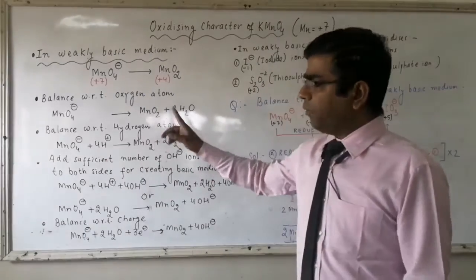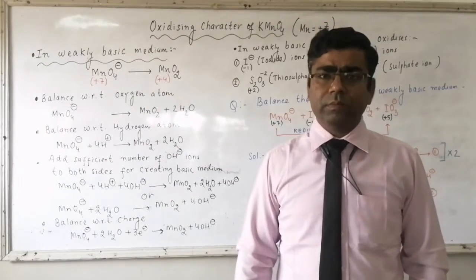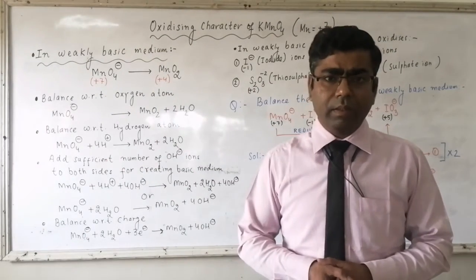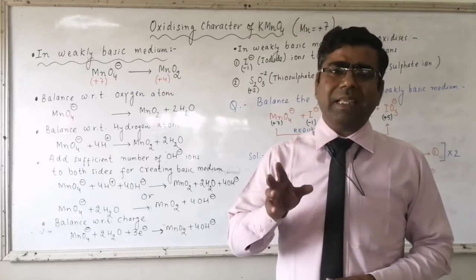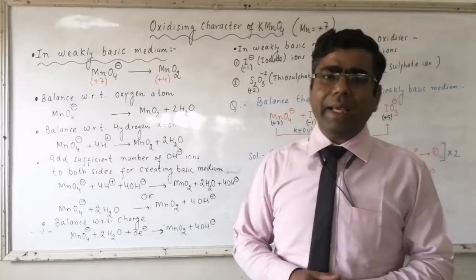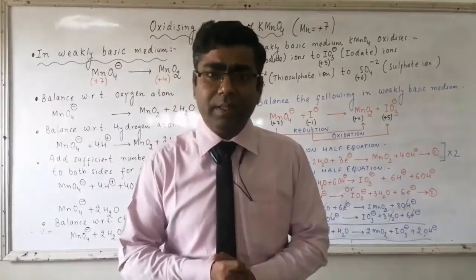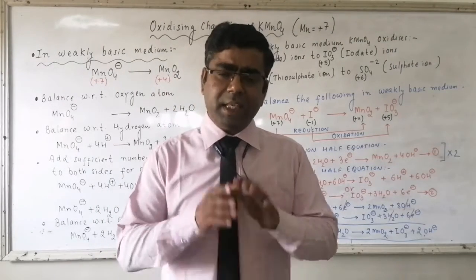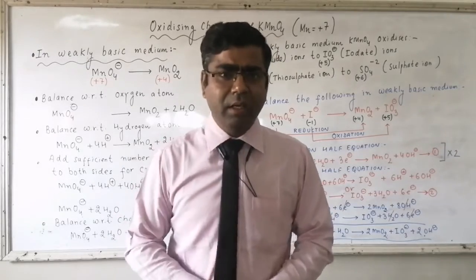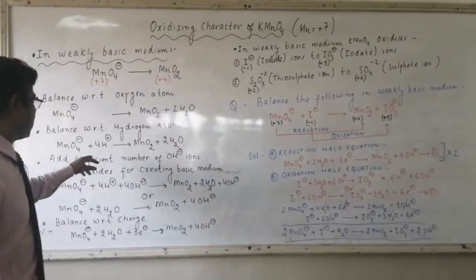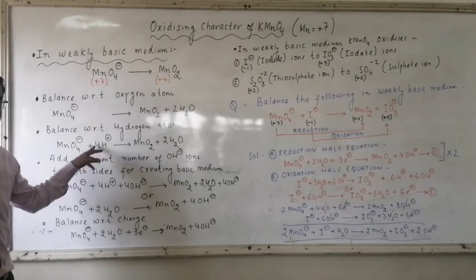So the reactant side is deficient of 4 hydrogen atoms. For managing this deficiency, we will add a sufficient number of H plus ions to the side where hydrogen atoms are deficient. So 4 H plus ions will be added towards the reactant side.